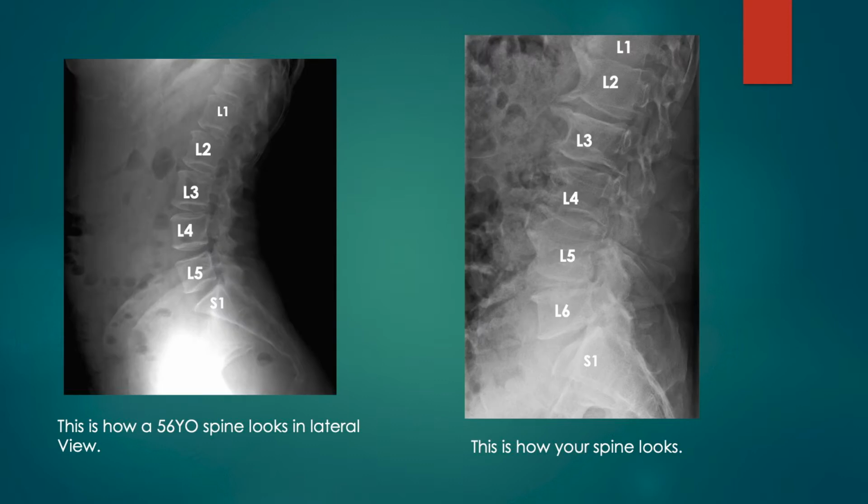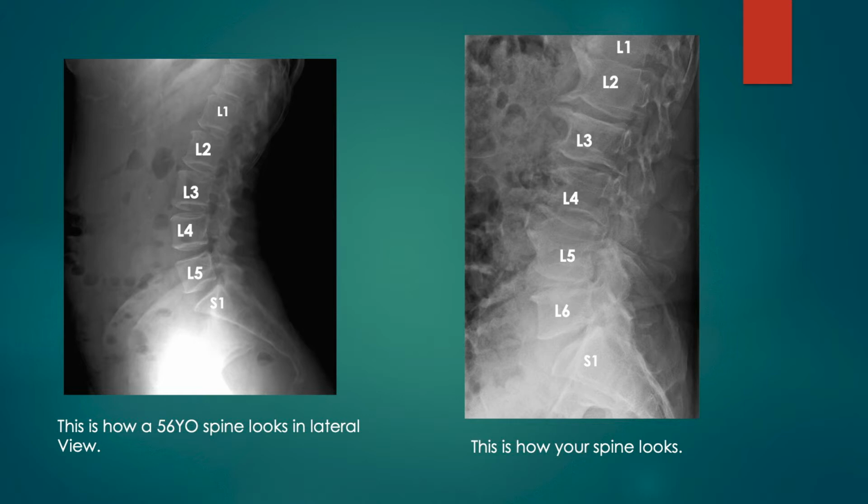What we see in the images, first images are lateral lumbar spine x-rays. On the left hand, you can see a normal lumbar spine. You can see the shape of the vertebral bodies. And on the right side, it's Mr. Kinsella's spine, which you can see looks very different from the normal spine.